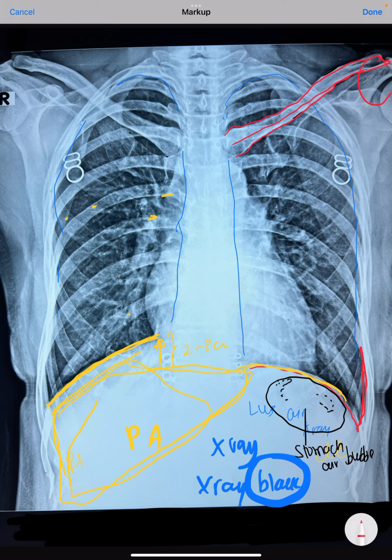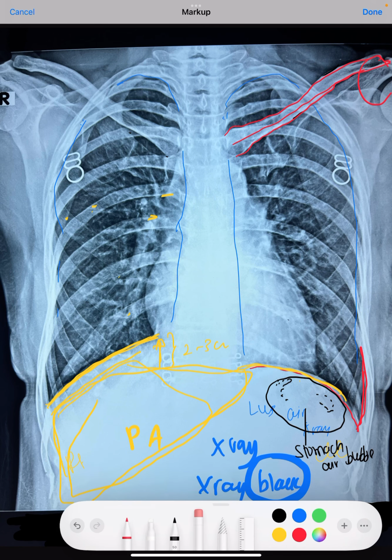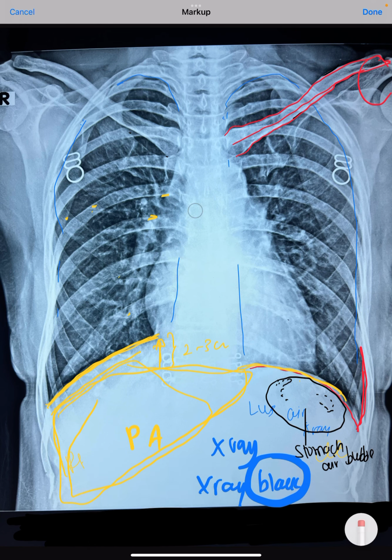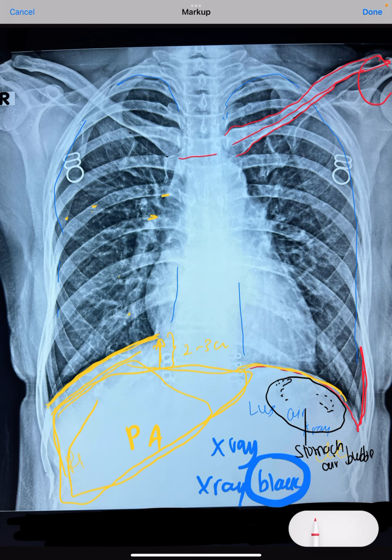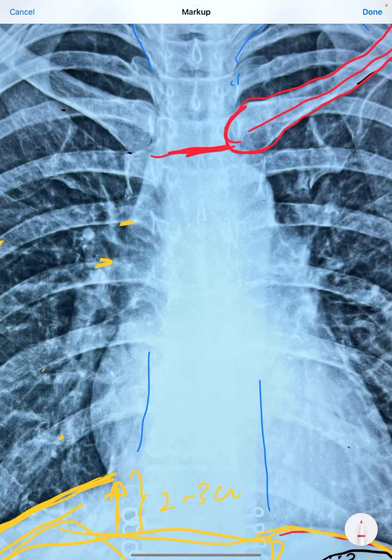Clavicle is a very important landmark because one of the most important aspects, like the division of the trachea, is below the sternoclavicular joint. So this is the joint, the clavicle is joining here, and here if you can zoom in you can see this is basically the division.